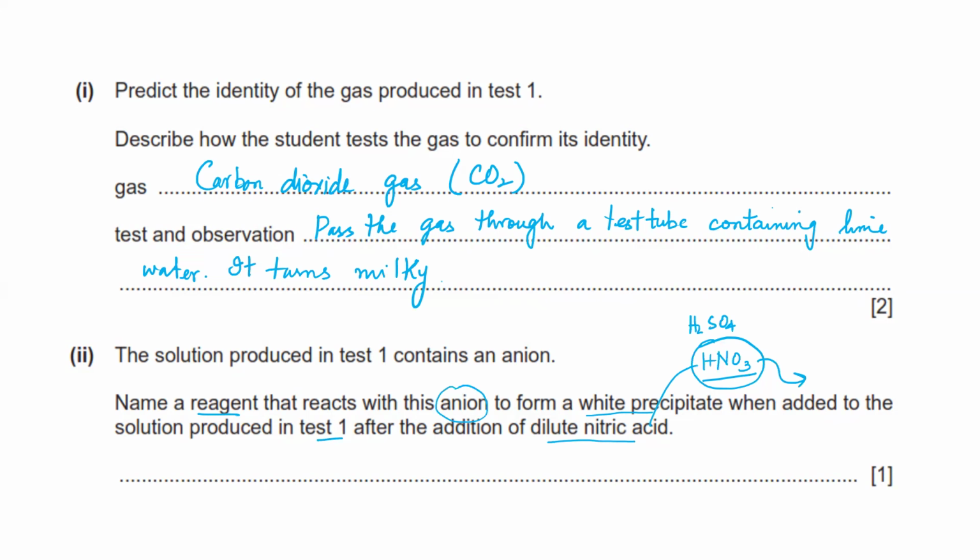You will find the different names of anions and cations which are used. Anions are negative ions. So anions generally are nitrates, sulfates, SO4 2-, or chlorides. So these are your anions.